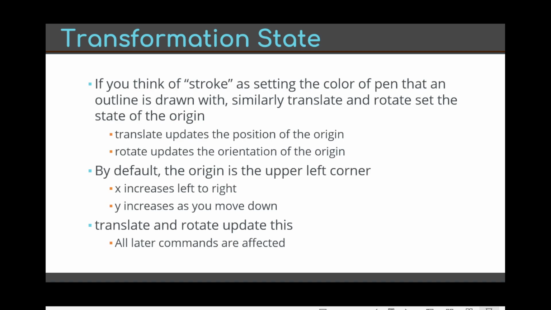Before that, you can set all the translations and rotations that you want. And then that code will still continue to draw those things in the same proportion, the same relative locations to each other, but the whole thing will tumble and spin and move.